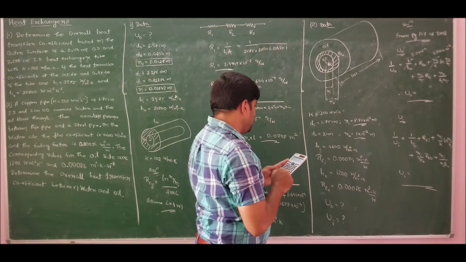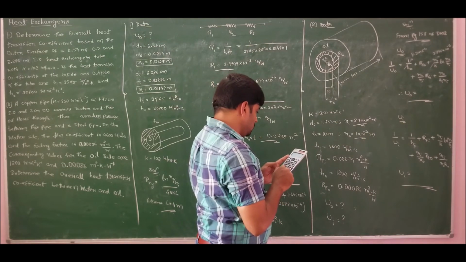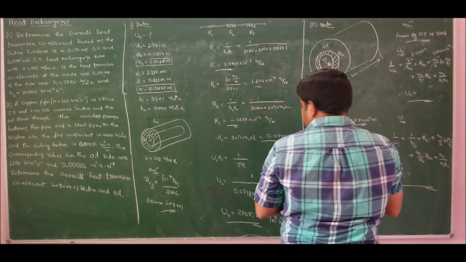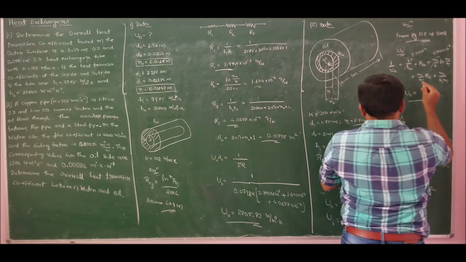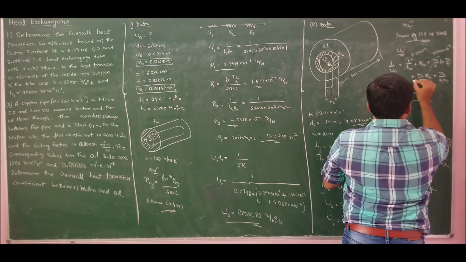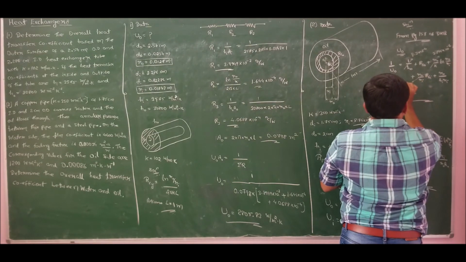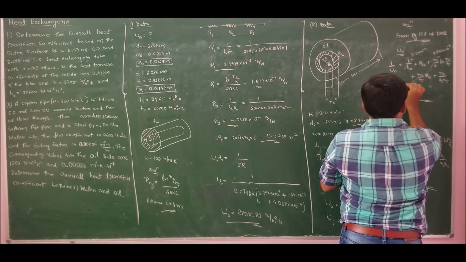Times RFi, 0.00034, which is 3.89 × 10^-4.